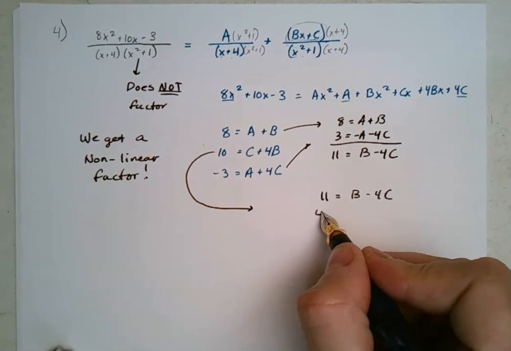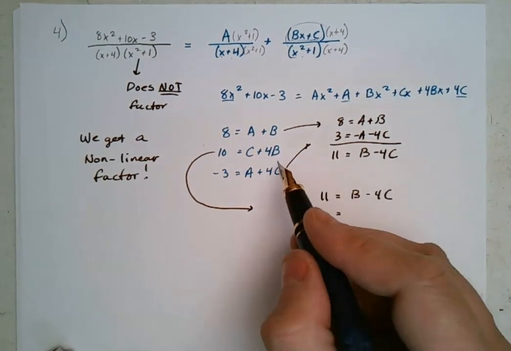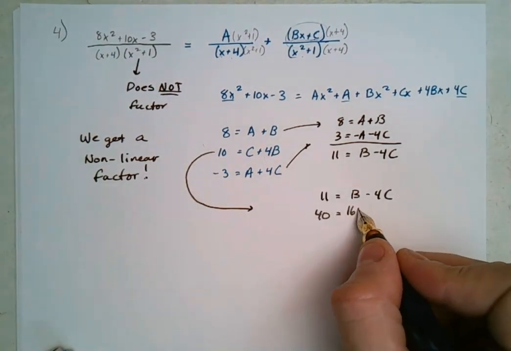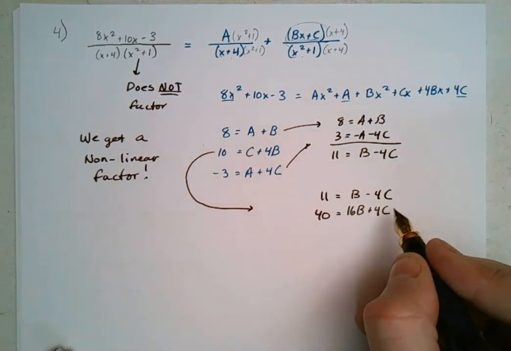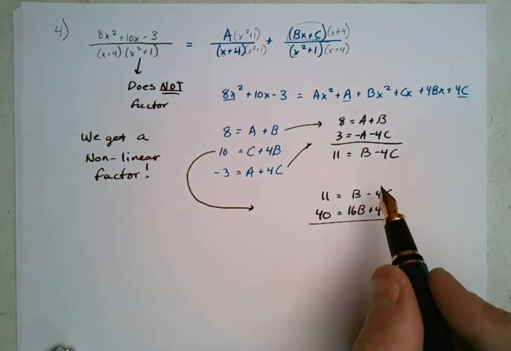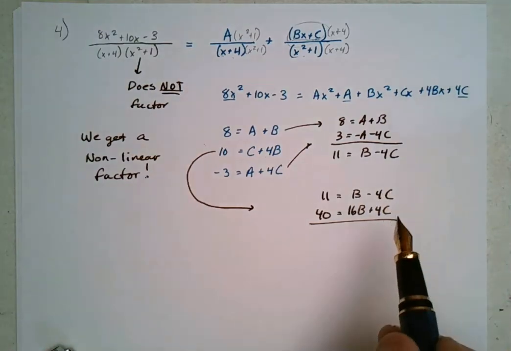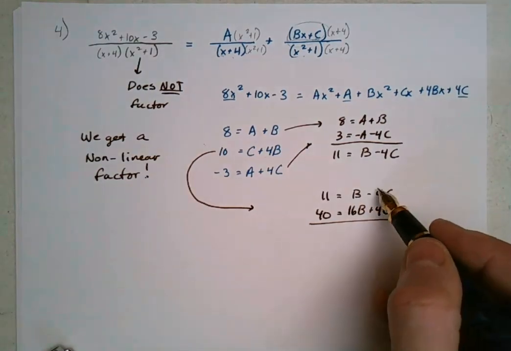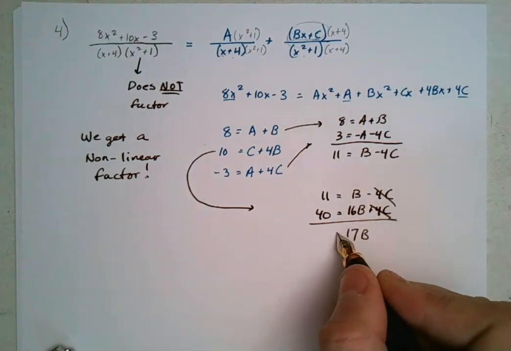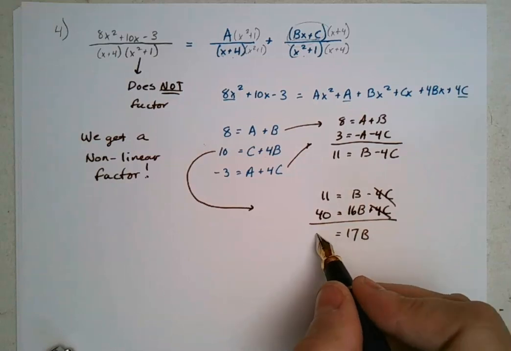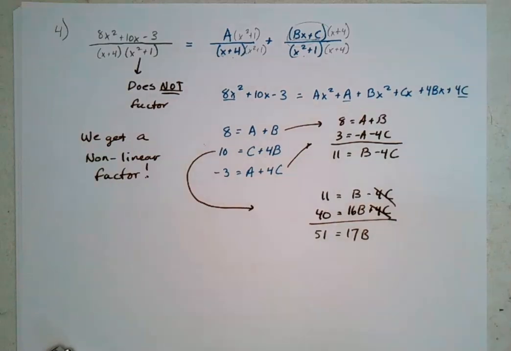I'm going to get 40 equals 4 times 4 is 16b, and then 4 times c would be 4c. And what that does for me is it gets rid of every variable except b. So I get 17b, and 40 plus 11 equals 51.